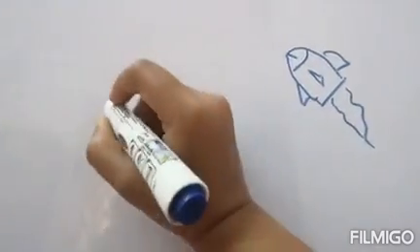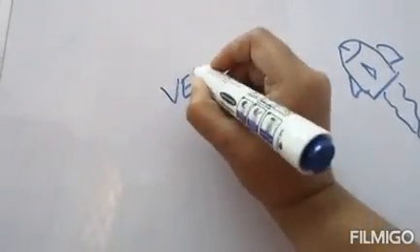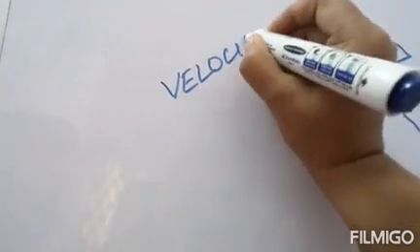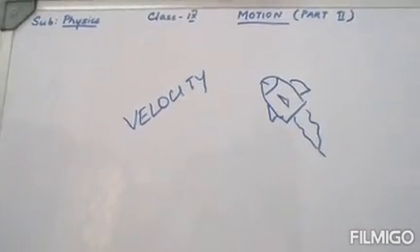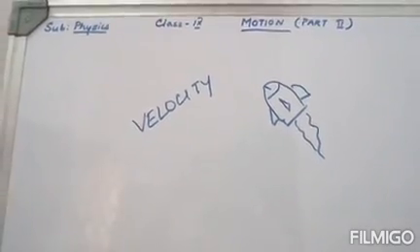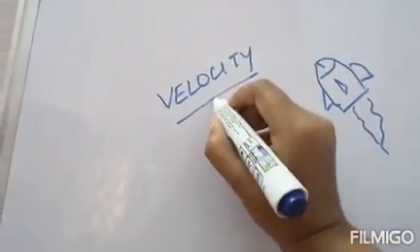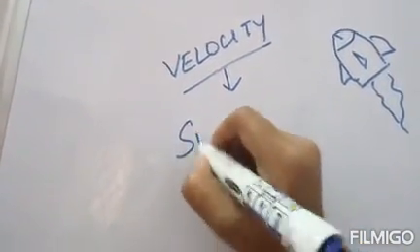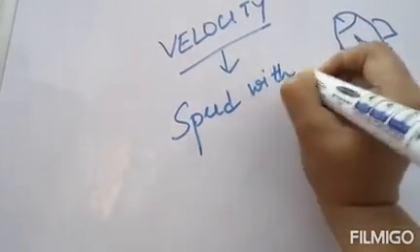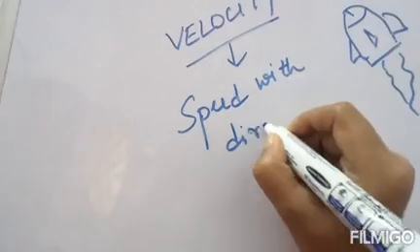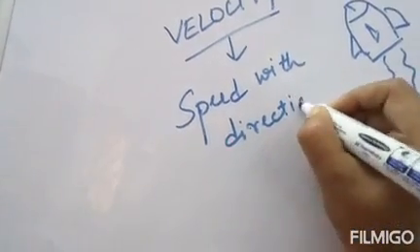We don't say the speed of the rocket. We just say a term, that is velocity. So what is velocity and how is it different from speed? Velocity means speed with direction.